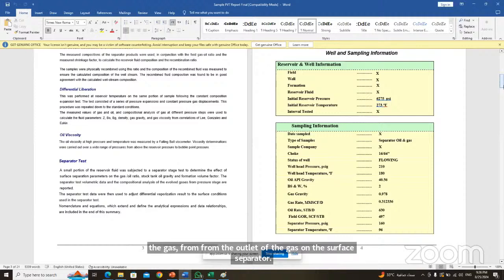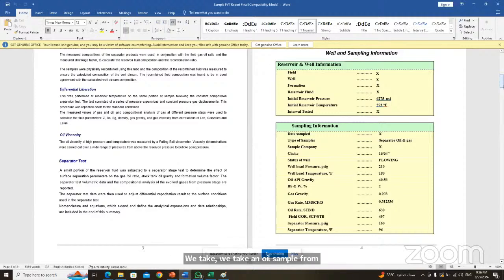We take an oil sample from the liquid outlet in the surface separator, and we remix these samples in the lab with the test GOR. So let's say that in this case we have the oil rate, we have the gas rate, and we have the GOR of the production.